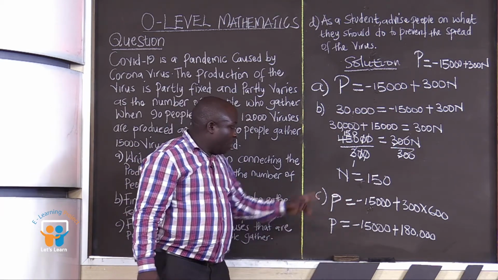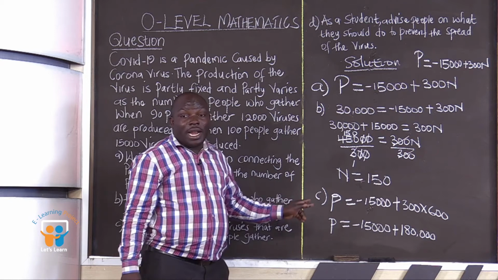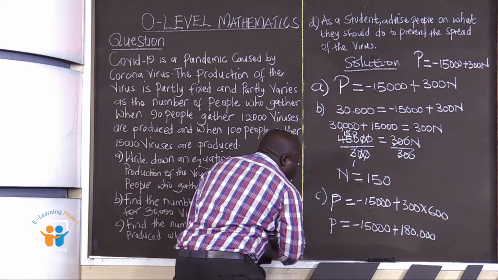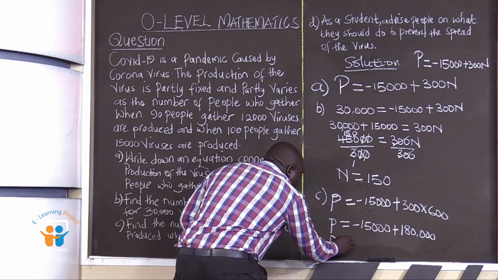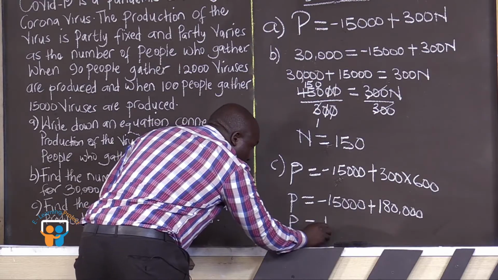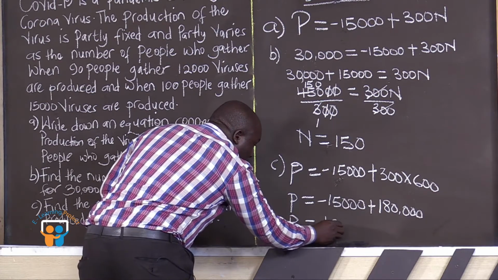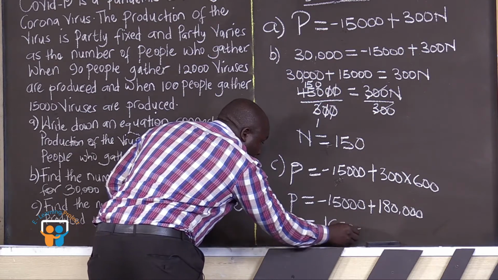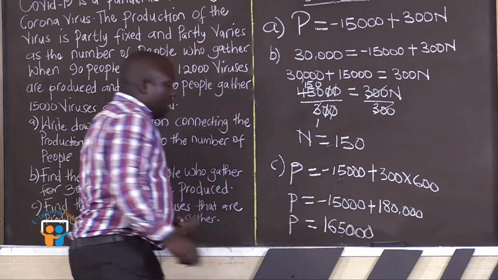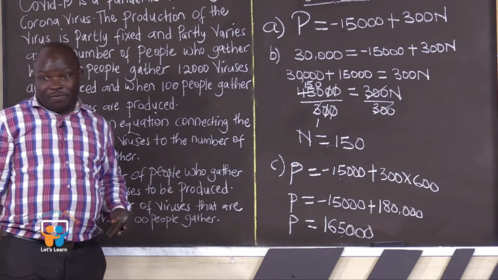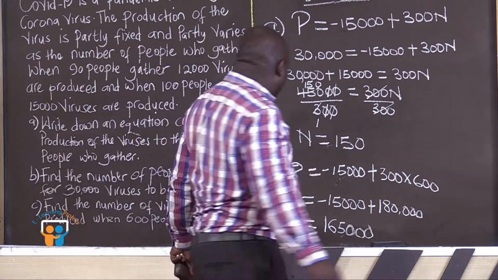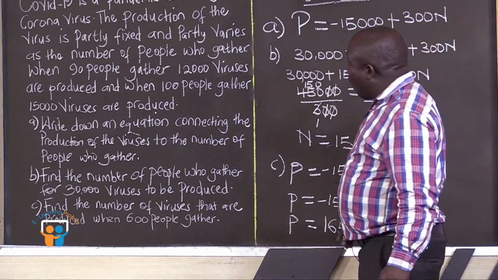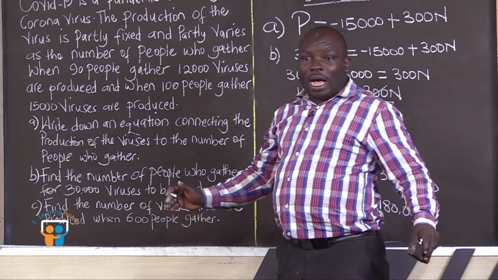That is the same as saying 180,000 minus 15,000. I believe our value of P will be 165,000. I believe you are seeing how dangerous people coming together is.